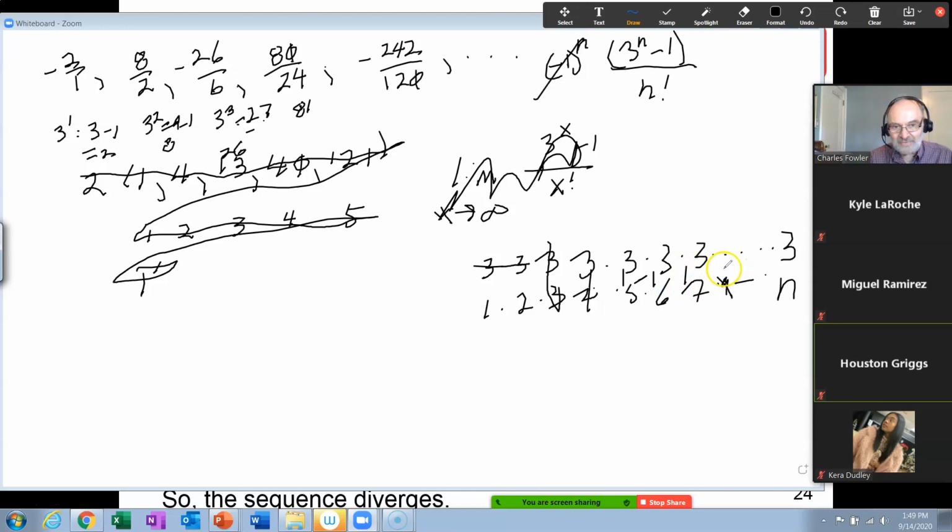Even with that gone, it's less than, less than. So that numerator is way, way, way less than the denominator. So this is going to 0. Wait.